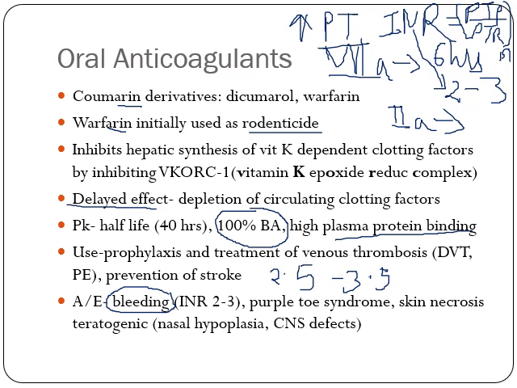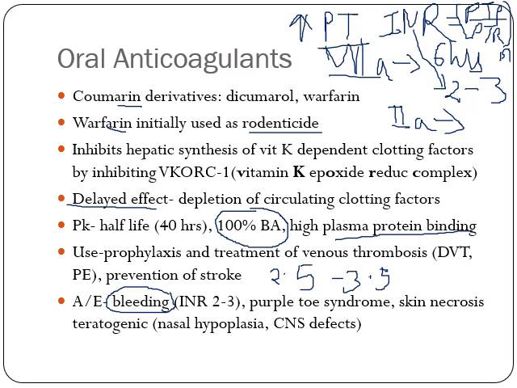One of the important adverse effects is purple toe syndrome. So what is it? This purple toe syndrome is seen after a few weeks, around 3 to 8 weeks of initiation of warfarin. In these patients, what happens?